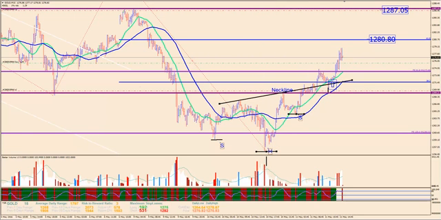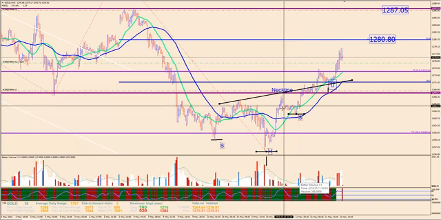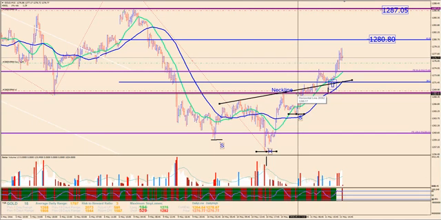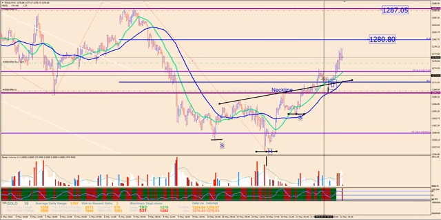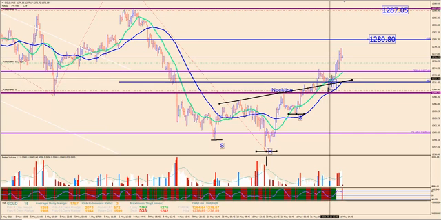Then on the right shoulder, volume is diminishing, and that is what I like to see. So the sellers lost power on the right shoulder, and after that price broke the neckline here. This is a successful breakout of the neckline and a successful retest of the neckline.